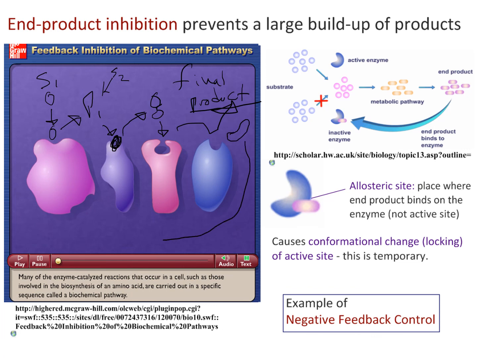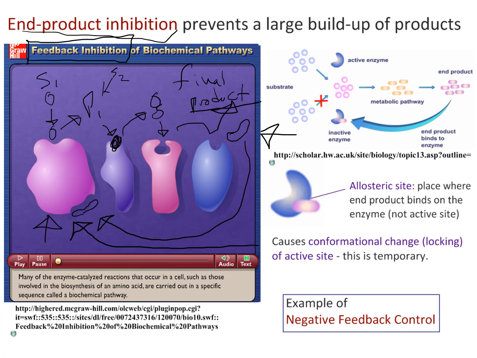This molecule will bind to an allosteric site on the first enzyme, so right here, and it will shut down this enzyme. It'll stop it from working, and that saves the cell from wasting energy. When enough of this final product has been produced, it inhibits itself. And this is feedback inhibition, sometimes also called end product inhibition.